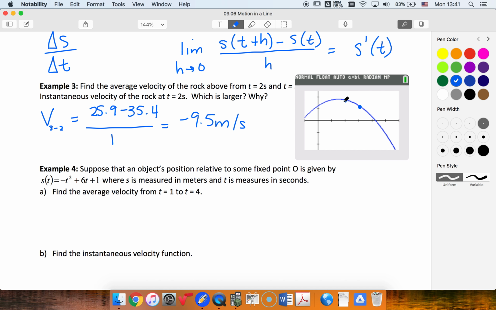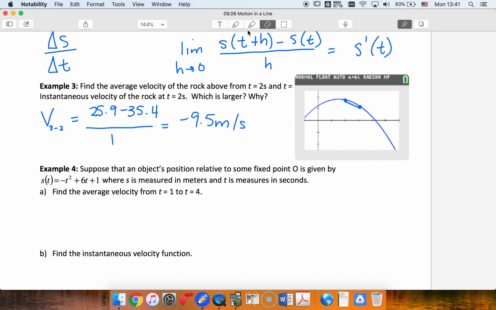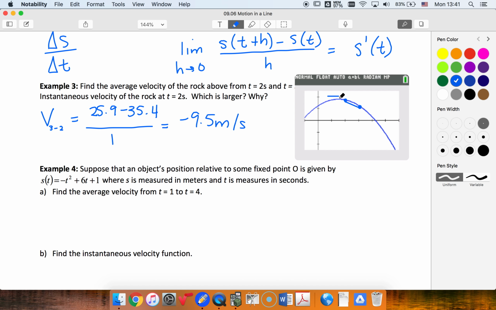So what we're really asking ourselves is which slope is steeper, and if we're comparing our instantaneous velocity at 2 seconds, that means we're looking at the tangent.